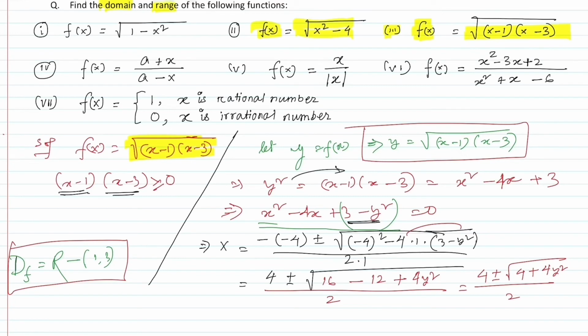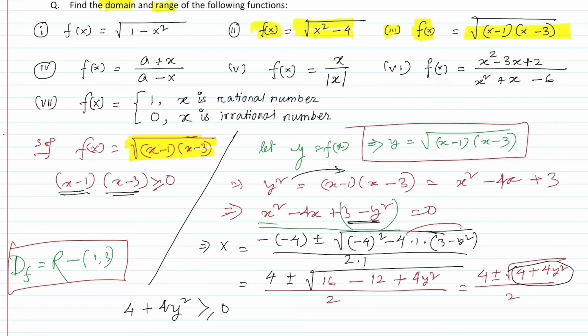Now you see, this part under the root must be greater than or equal to 0.